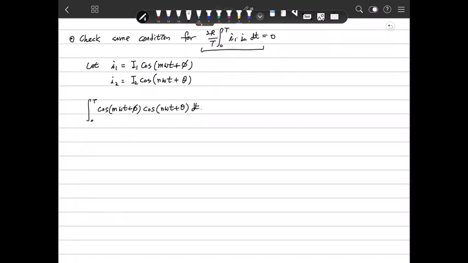So you know that this is a very simple problem. There will be 0 when m and n are different, but this value is cosine of phi minus theta when m and n are equal.